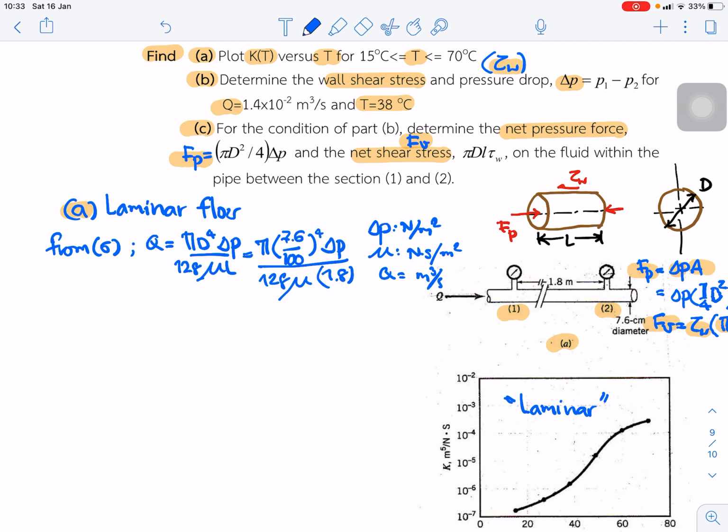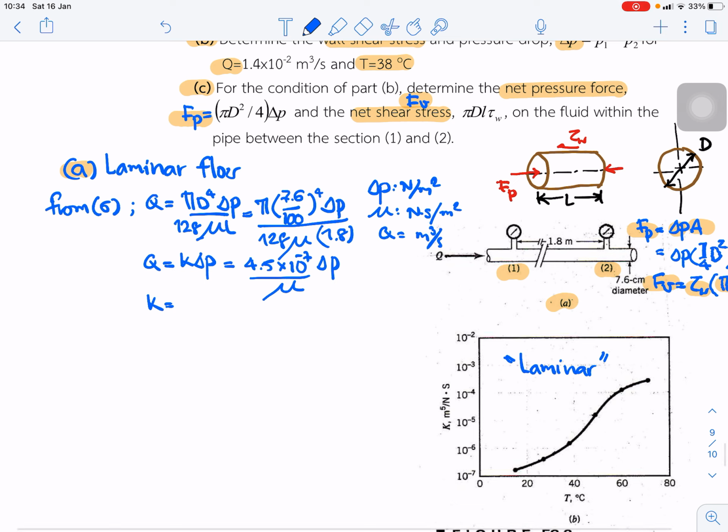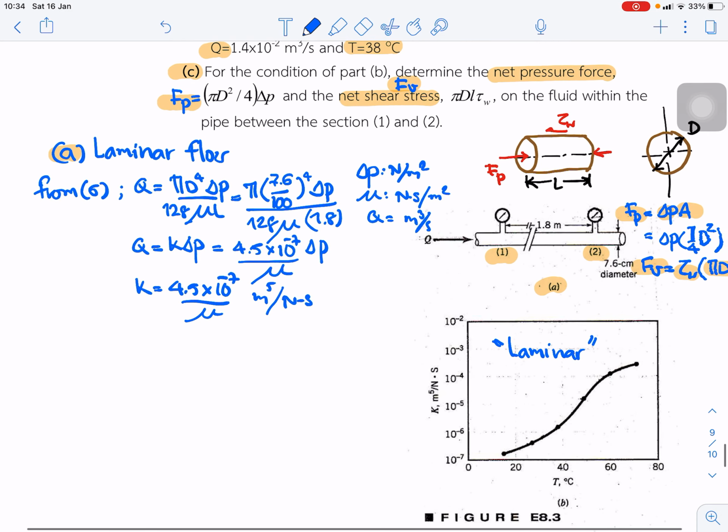So we can derive the equation of Q in terms of the constant K: Q is equal to the constant 4.5 times 10 to the power minus 7 times delta P divided by mu. In this case, K is equal to 4.5 times 10 to the power minus 7 divided by mu, and the unit is meter to the power 5 per Newton second.